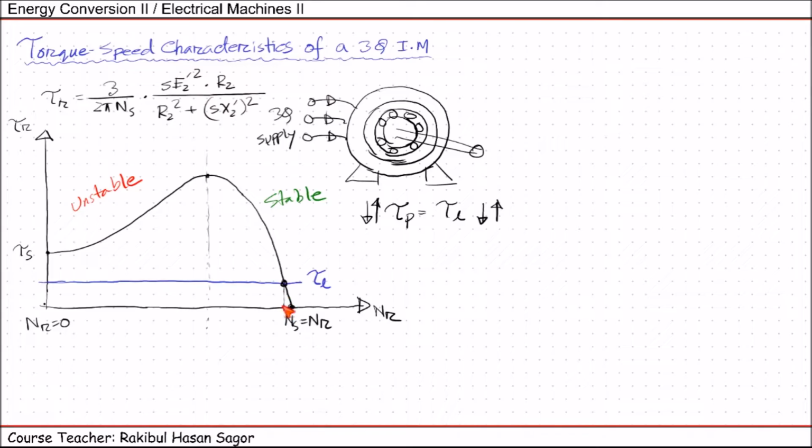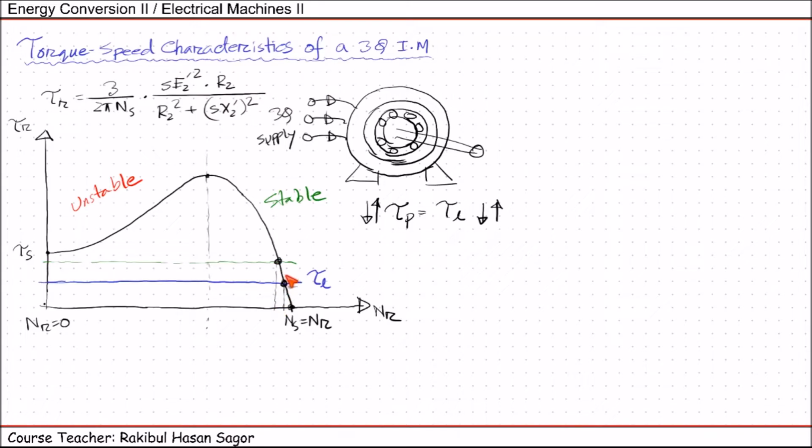This is the rotor speed. Now, if we increase the load torque and if we provide this amount of load torque, what will happen? This intersecting point will no longer be the operating point, rather the new operating point will be this, and the new speed will be this, which is the reduced speed.